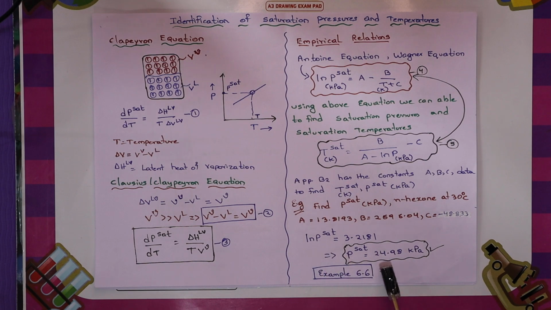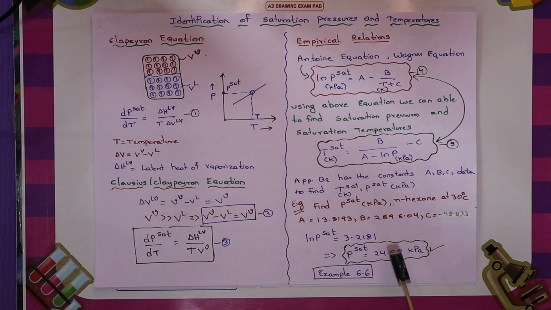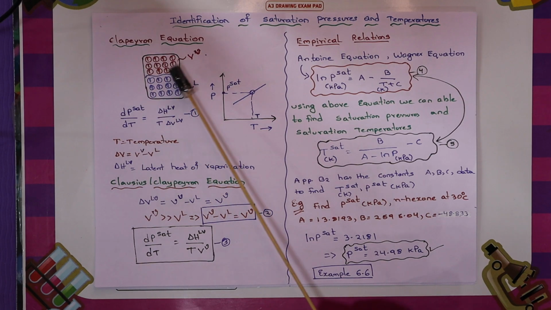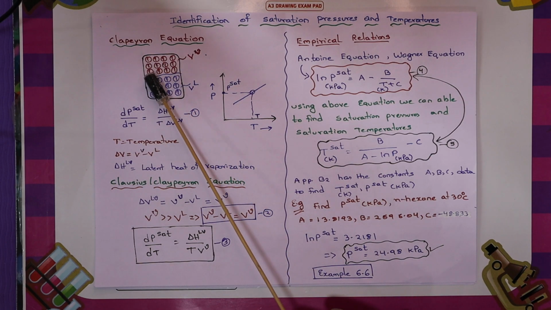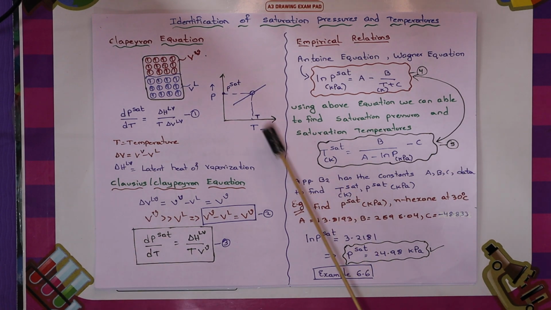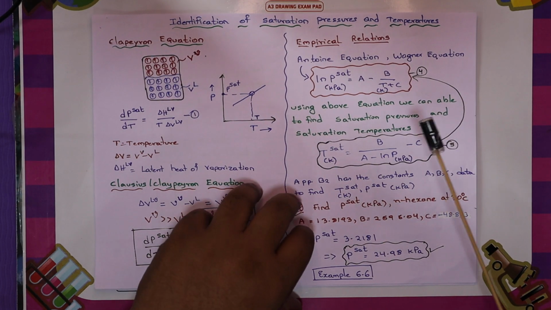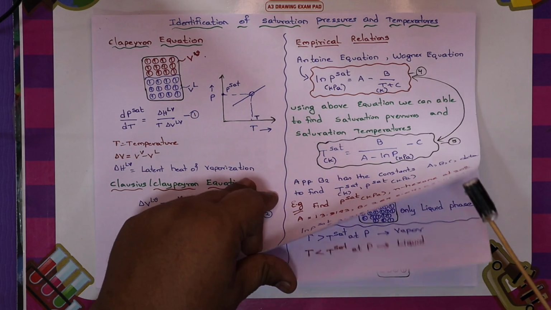So P_sat is 24.98. That means if you maintain this chamber at 30 degrees centigrade and 24.98 kilopascal, the n-hexane will be at a saturated state. This is how you find the saturation temperature and saturation pressure of a substance. Let us do more analysis.